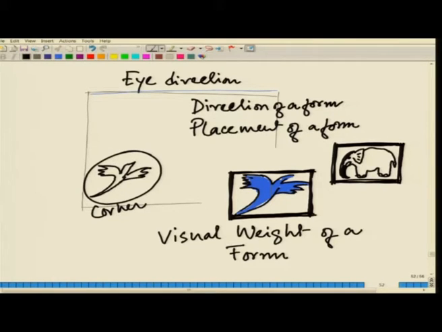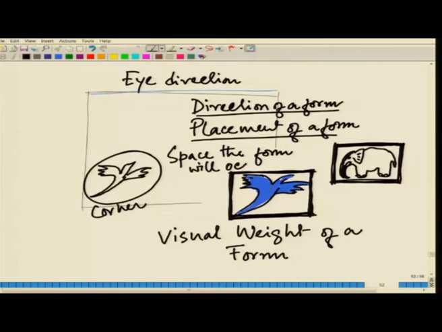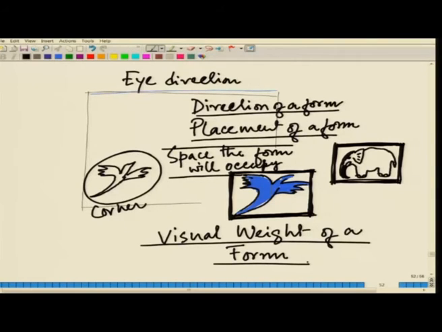So, there are lots of factors like the direction of a form, the placement of a form, also the space the form will occupy. They are all the factors that will work as determining factors of how stable or how static the form is.